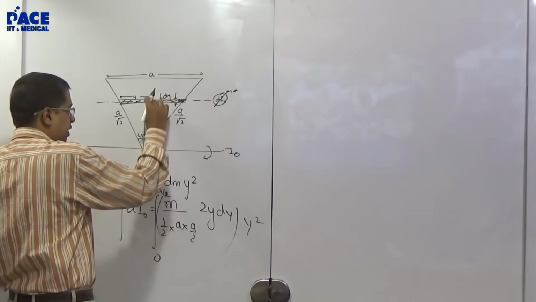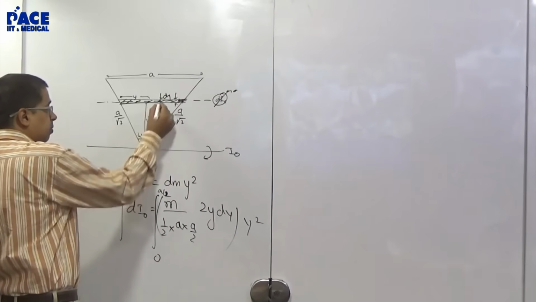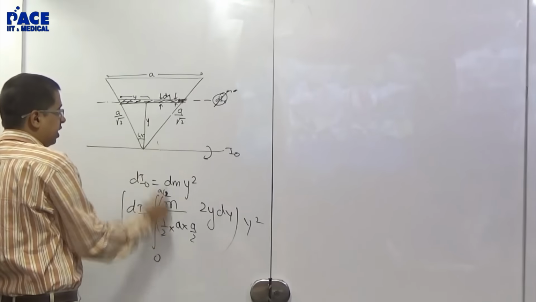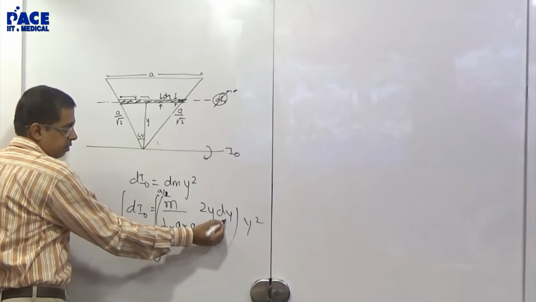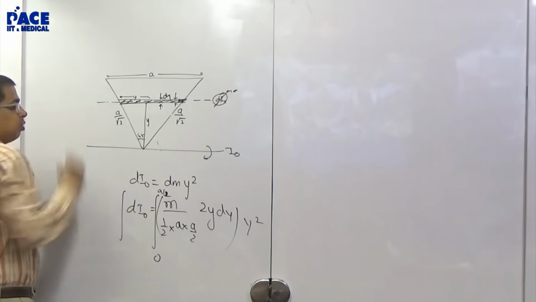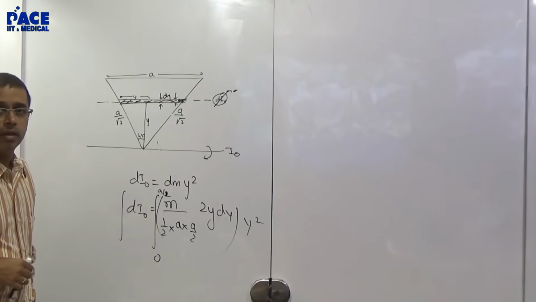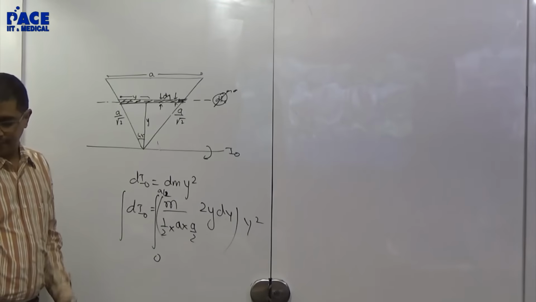Every small element's distance from the axis is y, so dm into y square is my moment of inertia. dm is mass per unit area into the area of the strip. Area of the strip is length into breadth. Then y square. Integrate from y equal to 0 to A by 2. Agreed? Yes, sir, got it.